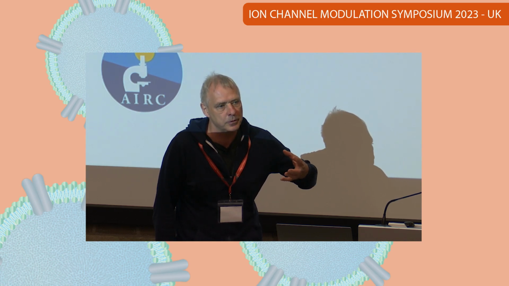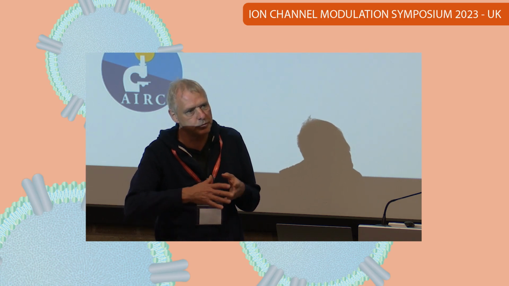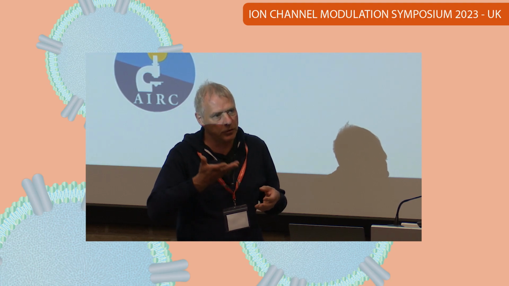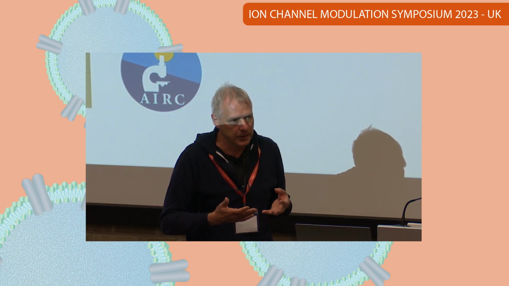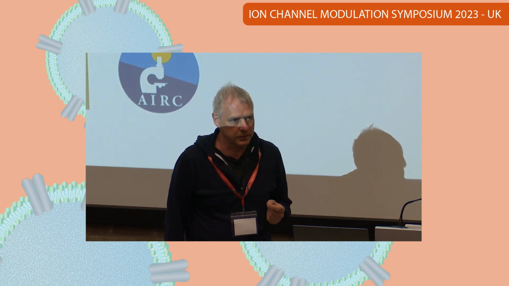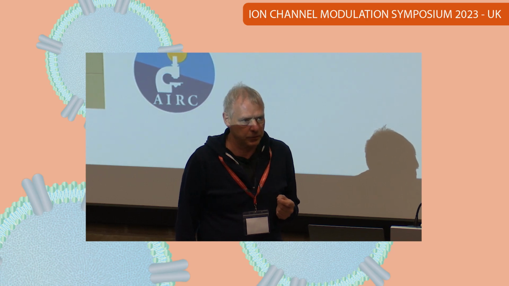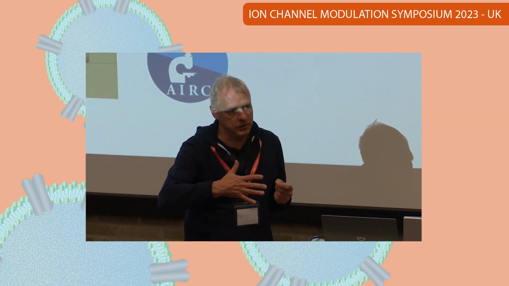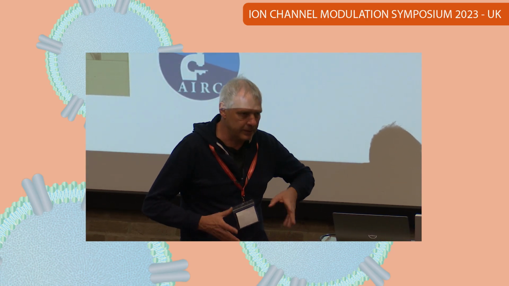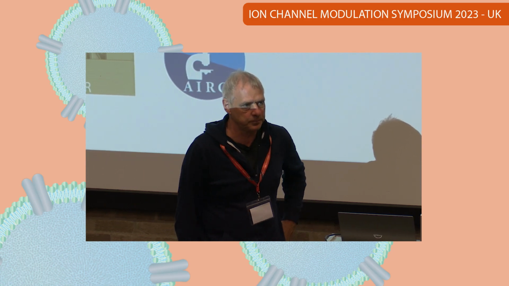So the oxidation-dependent activation is dominant somehow. It depends on the degree. If you don't fully activate it, you can still further activate it by hypotonicity. But if you strongly activate it by oxidation, then you cannot. Could you inhibit it by shrinking? You can also reverse it partially by shrinking. So it looks like it's in the same pathway somehow.